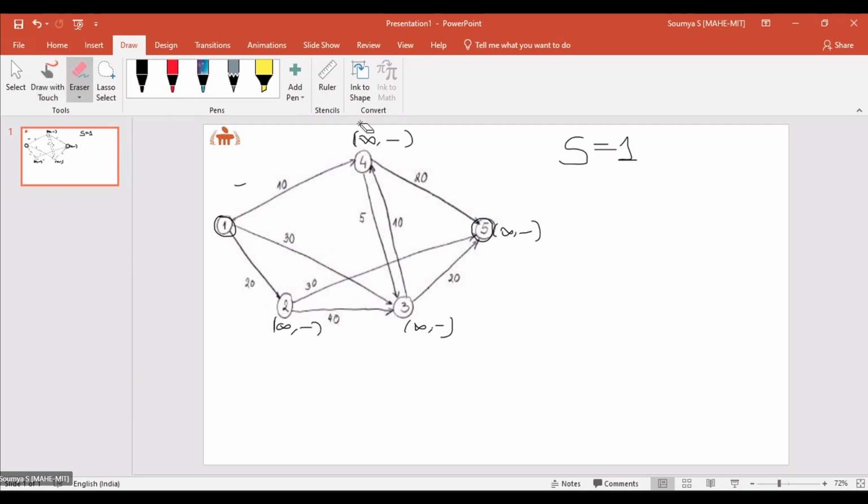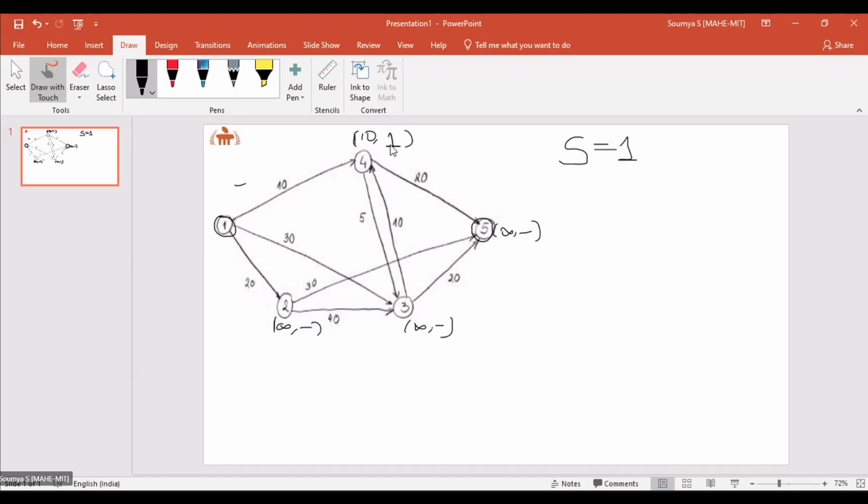So what I do, I will update this as 10 comma 1. What does it mean?